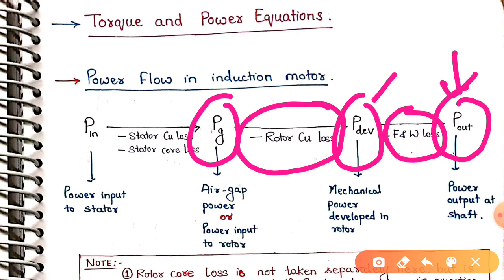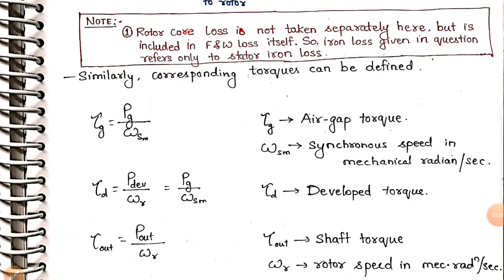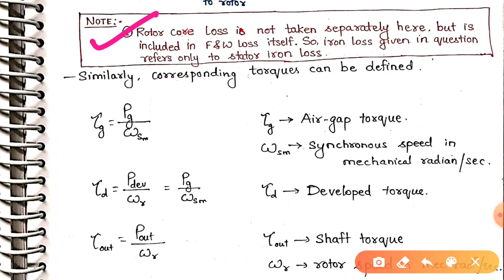This is the final output power from the shaft of the induction motor. So we have already seen that rotor core loss is not taken separately, but it is always included in the friction and windage loss. And if iron loss is given in the question, it refers only to the stator iron loss.